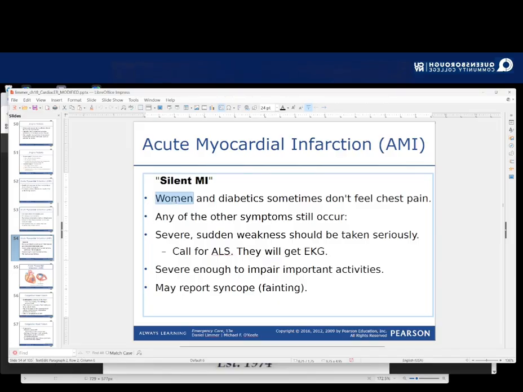So when the EMT shows up and asks, are you having chest pain? Or they call 911 for some other reason, especially severe sudden weakness, and the dispatcher says, are you having chest pain? And they say no. So the EMT gets sent to the woman's place responding to sudden weakness.